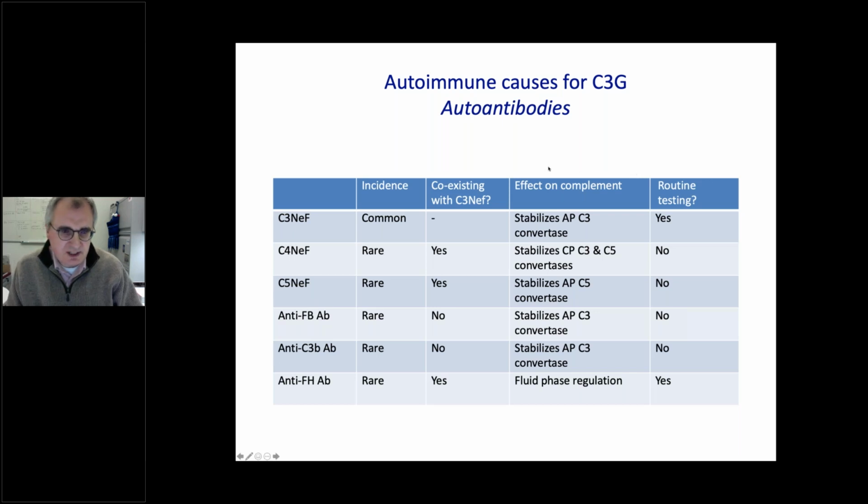The one that you most likely know is C3nef, an IgG antibody against the alternative pathway C3 convertase. It's present in all types of C3G and IC-MPGN. It works as a stabilizer of the convertase complex and makes it with that just overactive.